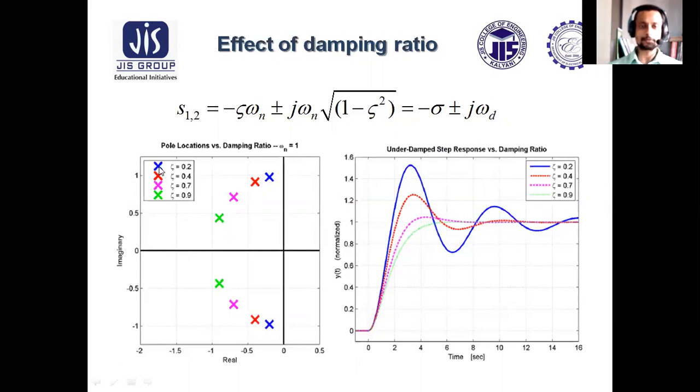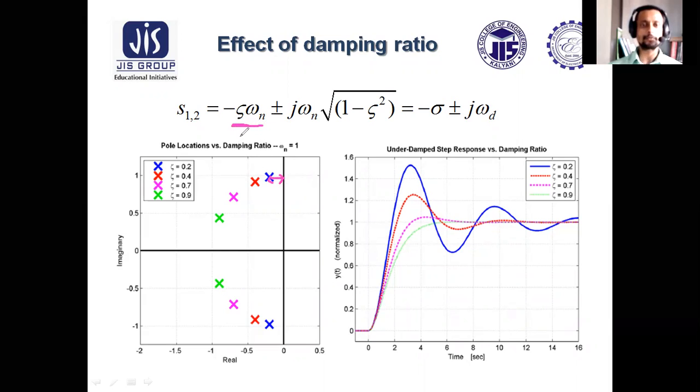When zeta is 0.2, that is shown by blue. So this is the real part with zeta 0.2. So the real part is less when zeta is less.